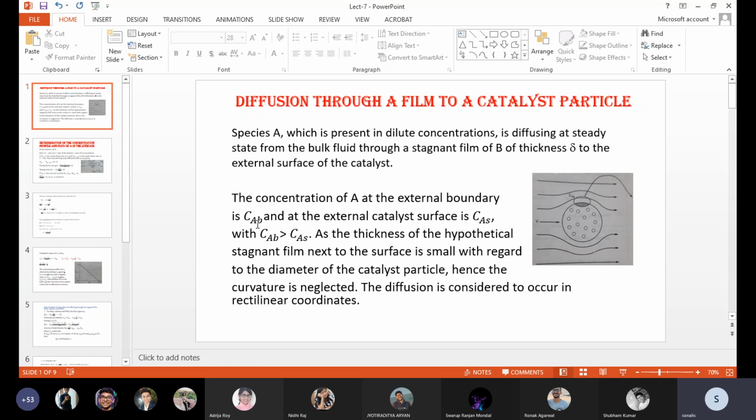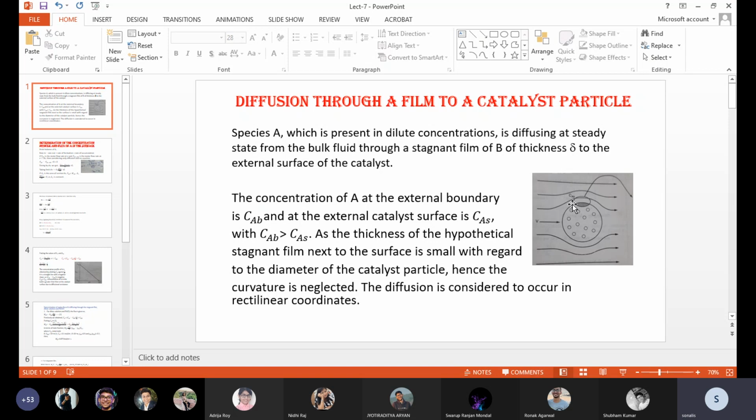CAB is just outside this delta thickness, and CAS is on the catalyst surface, that means at the end of delta. With CAB greater than CAS, obviously in this small thickness delta there is a resistance acting for A to come onto the surface of the catalyst.